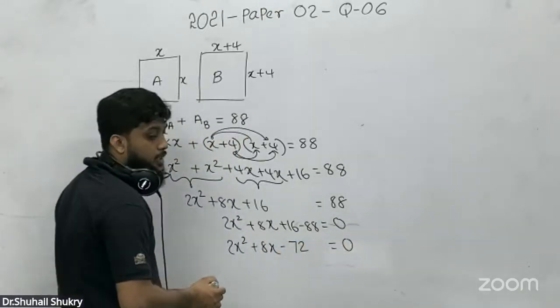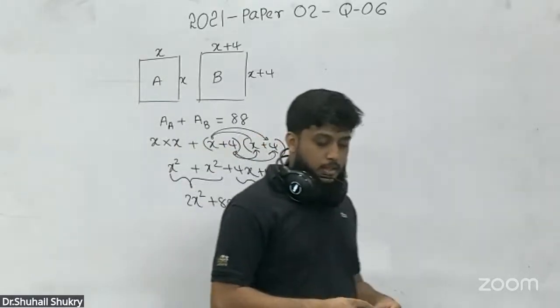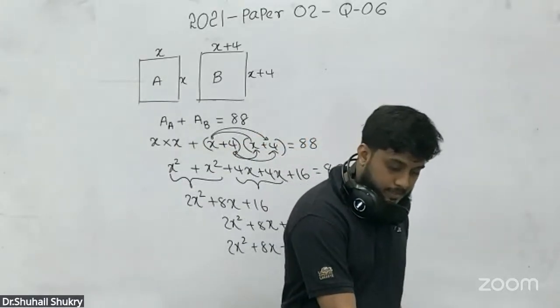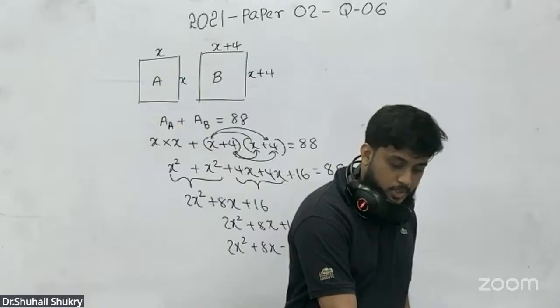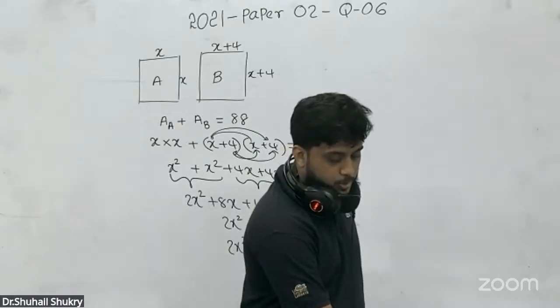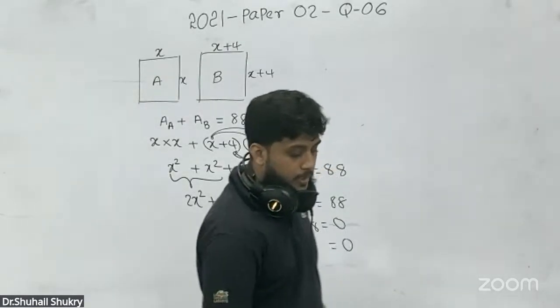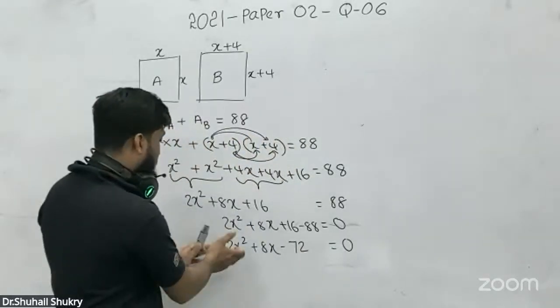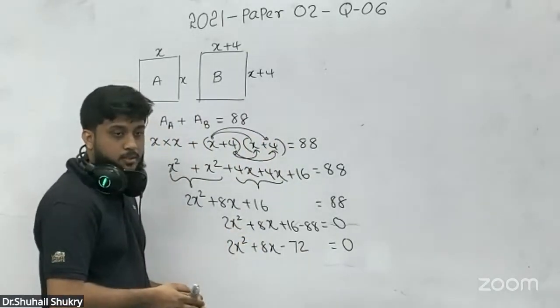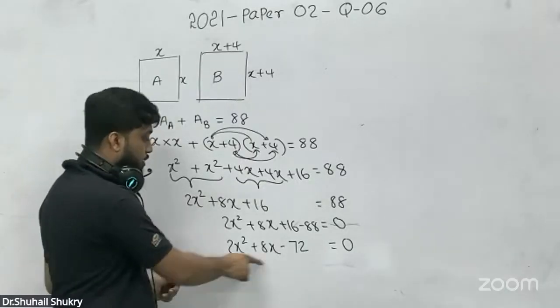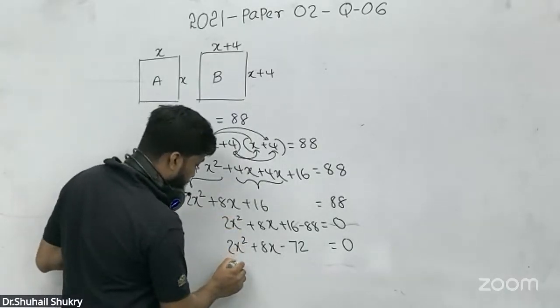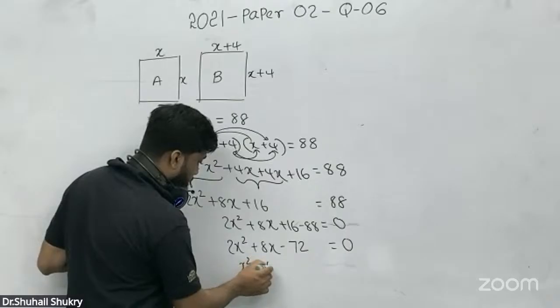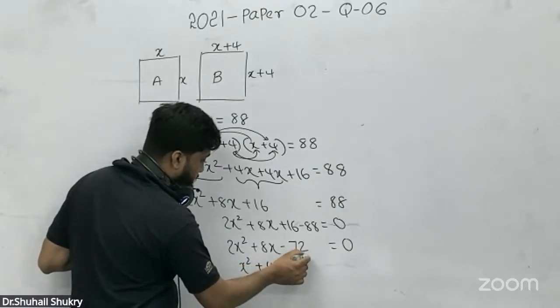But they have asked us to prove x squared plus 4x minus 36 equal to 0. So I have to divide everything by 2. If I divide every single term by 2, how much will I get? x squared plus 4x minus 36 equal to 0.